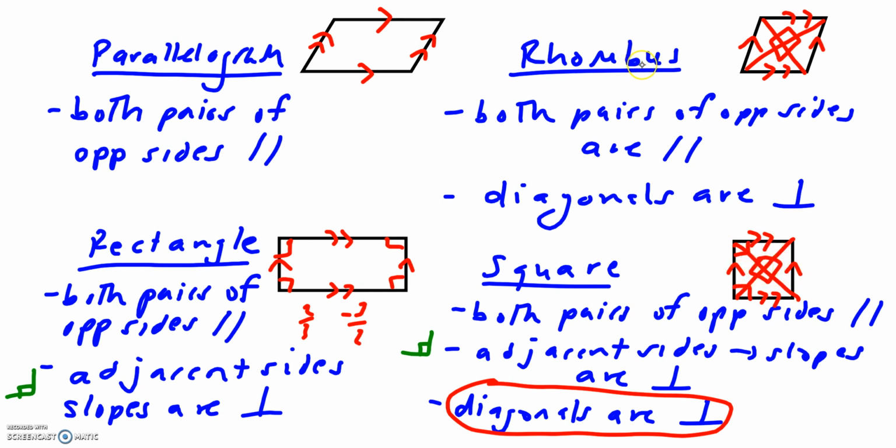A rhombus is a type of parallelogram as well as these two, so you'd prove both pairs of opposite sides parallel, but a rhombus, like a square, has diagonals that are perpendicular. So if you proved both pairs of opposite sides are parallel and diagonals are perpendicular, you would have a rhombus. Now, a rhombus does not hit right angles on adjacent sides, so that would not be something you have to prove.